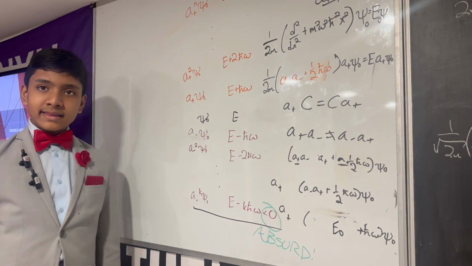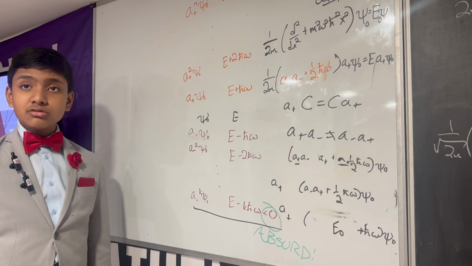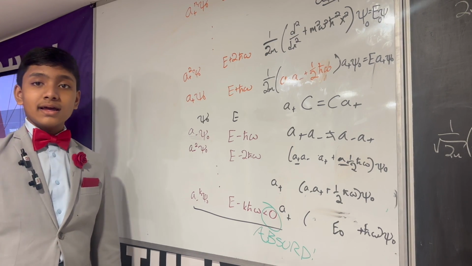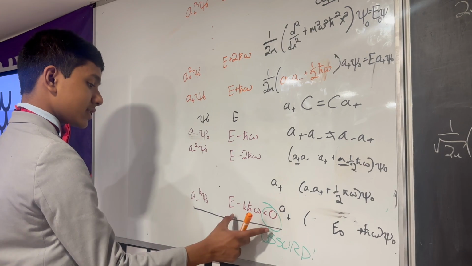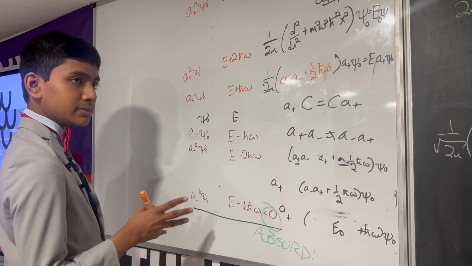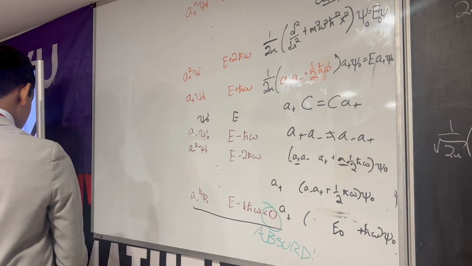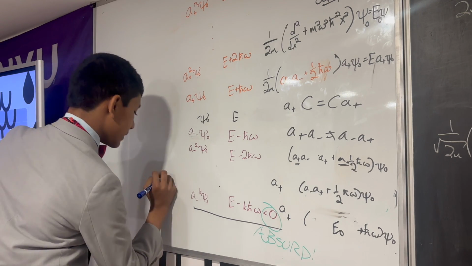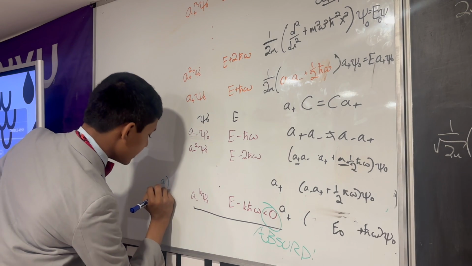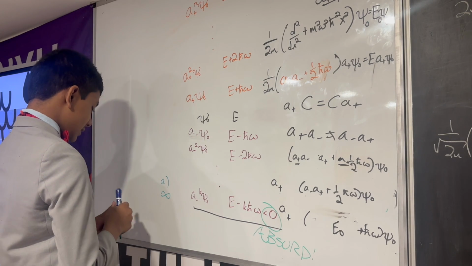There's option A, which proposes making the integral of this infinite. Unfortunately, that has to be crossed off because that would just make everything above it infinite as well, including all of the ones with physical meaning.